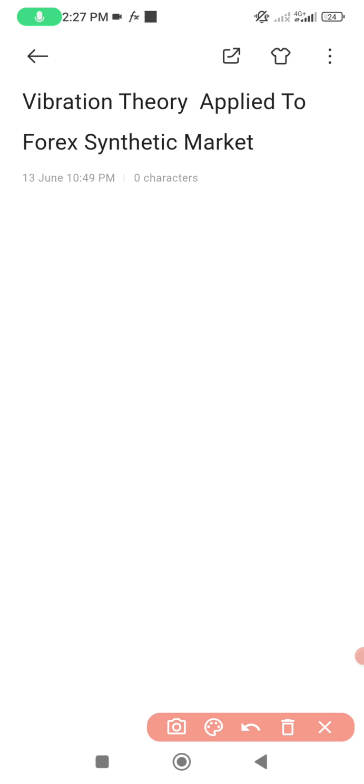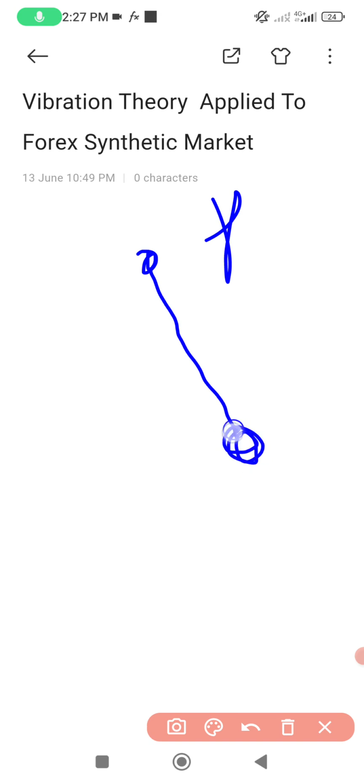Okay, so we have a fixed point. This is a fixed point P, and then we have a rope that contains a particle. So this is a particle of vibration. Then let's assume that we apply a force, capital F, to this object in this direction.